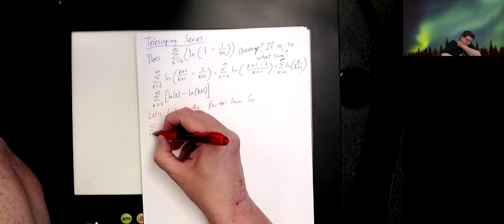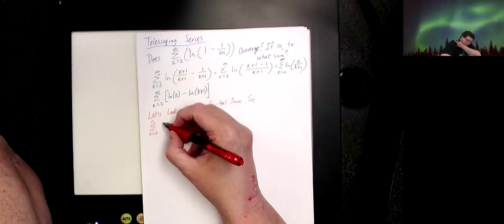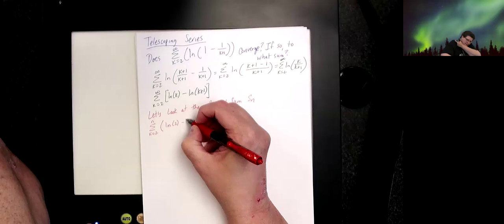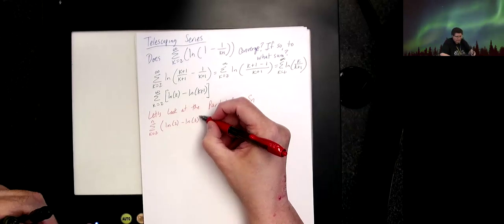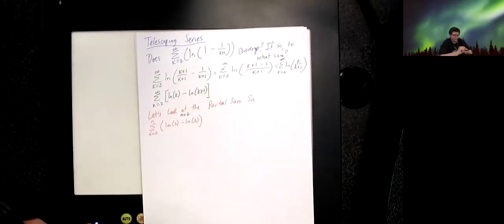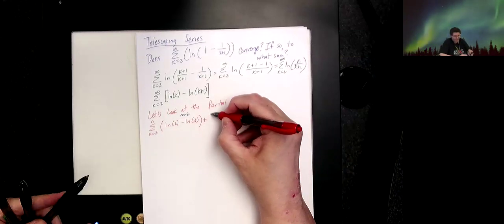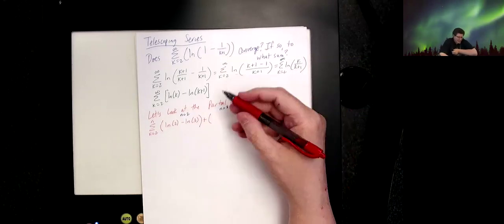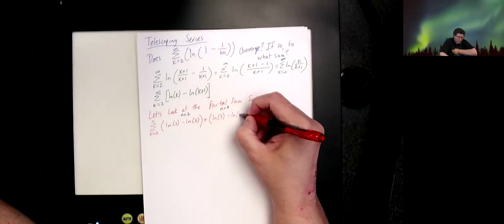So k equals 2 to n. If I do the 2, this will be ln of 2 minus ln of 3. I'm going to write what n I'm on above it. And then we're adding n equals 3. N equals 3 will be natural log of 3 minus natural log of 4.